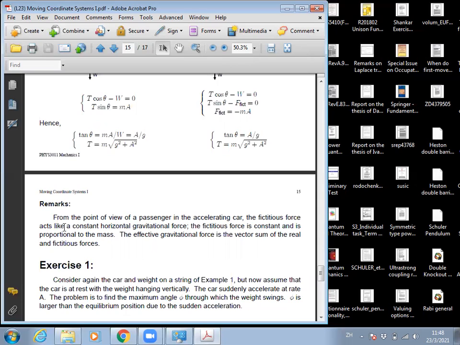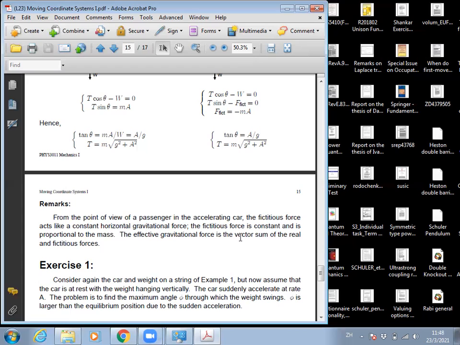Now, a very important remark: from the point of view of a passenger in the accelerating frame, the fictitious force acts like a constant horizontal gravitational force. The fictitious force is constant and proportional to the mass. So to the observer in the frame, there exist two components of a gravitational force.